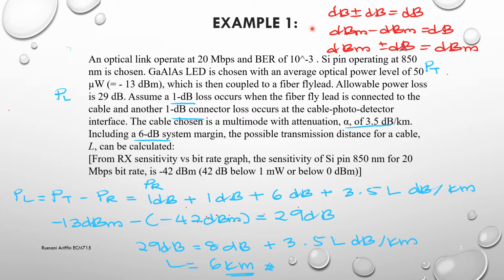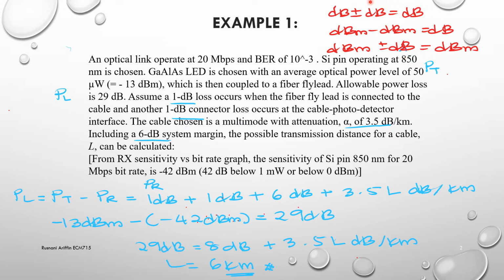Before we proceed, I would like to remind you of some rules when you do calculations. If you are adding or subtracting dB with dB, the result is still in dB. dBm minus dBm gives a result in dB. dBm plus or minus dB gives dBm.